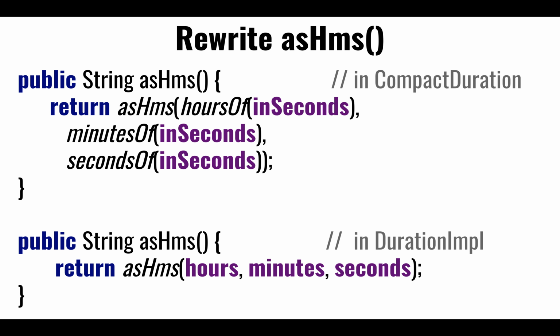I skipped over a function here that has to be able to convert from the seconds implementation back to hours, minutes, and seconds. And so we can use this static implementation asHms, as long as you can pass it hours, minutes, and seconds, it'll just do the right thing in either the CompactDuration and DurationImpl.